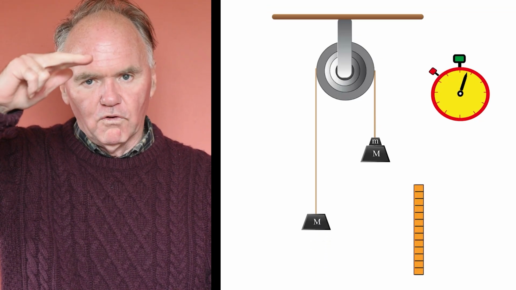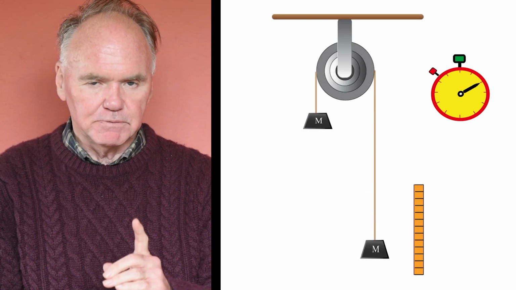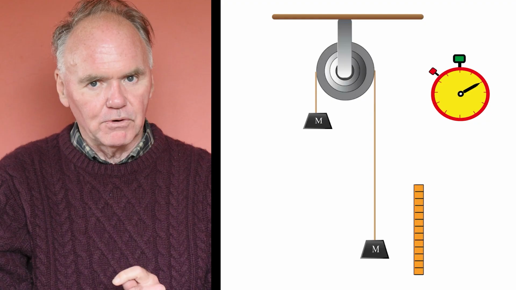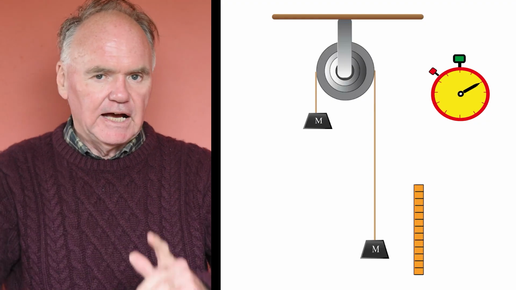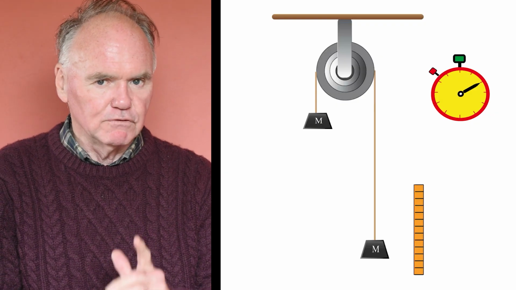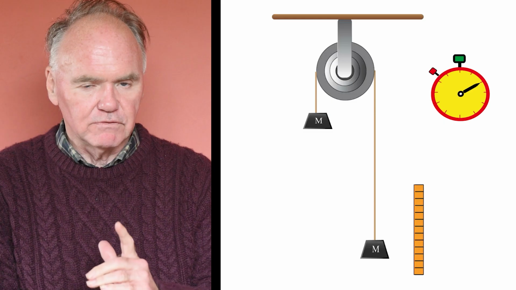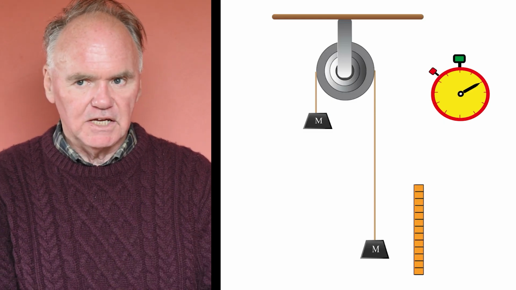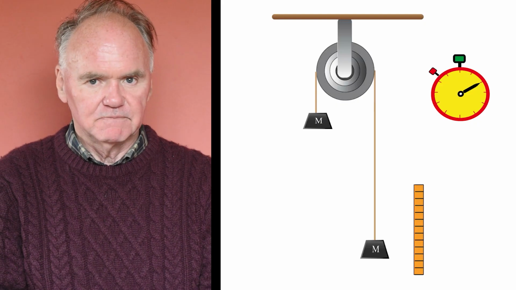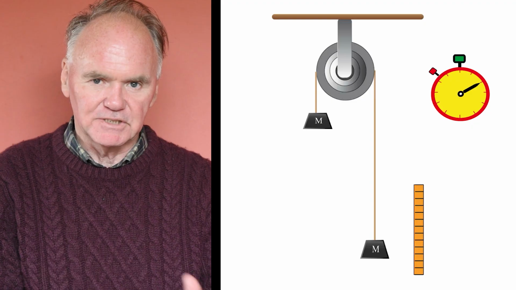Allow the blocks to fall for exactly 1 second, and as soon as that second has elapsed, remove the excess block and allow the block to fall for a further 1 second, and see how far the block travels during that second. Note the distance it travels, and suppose it travels say 40 centimeters, then the acceleration is 40 centimeters per second squared.